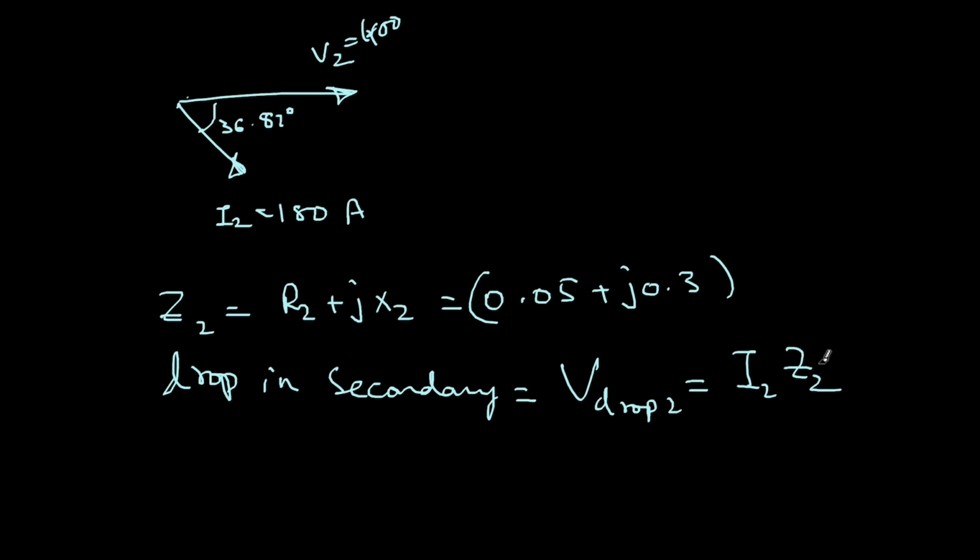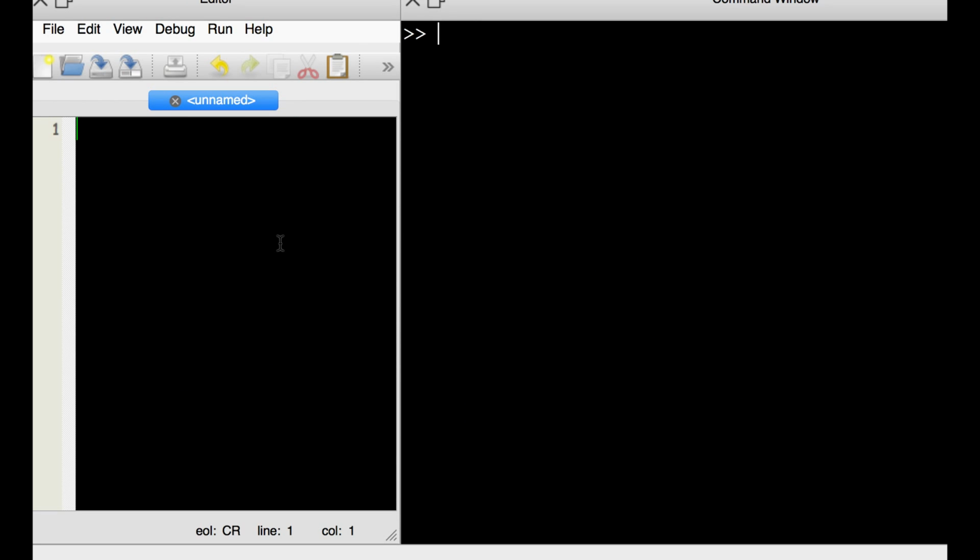Let's use my calculator. So I'll just write it as a small code. So I have V2 equal to 400, and capital I2 I'll define as a polar number. So the magnitude is 180 given in the question, and the angle is minus 36.87, which has to be converted to radians.